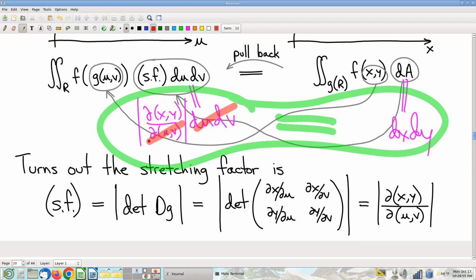Now they don't, right? This is not a fraction, but as a memory tool, I think this is satisfying. And again, I'm going to show you another example in a few minutes of how this can be really, really convenient. Right? So I'm a big fan of this notation. I hope you'll use this notation. Just realize that what you're actually saying when you write this down is absolute value determinant derivative matrix.